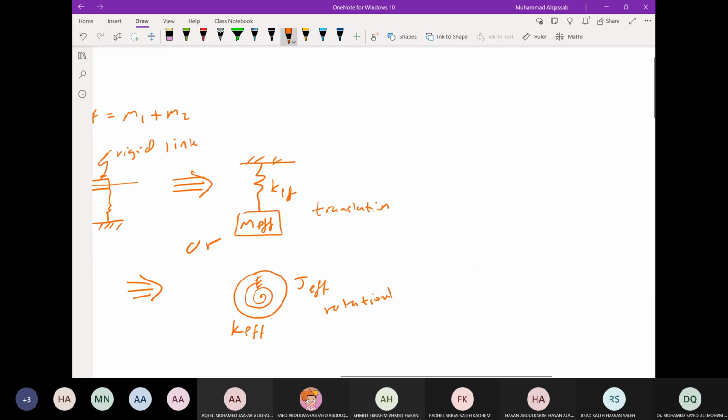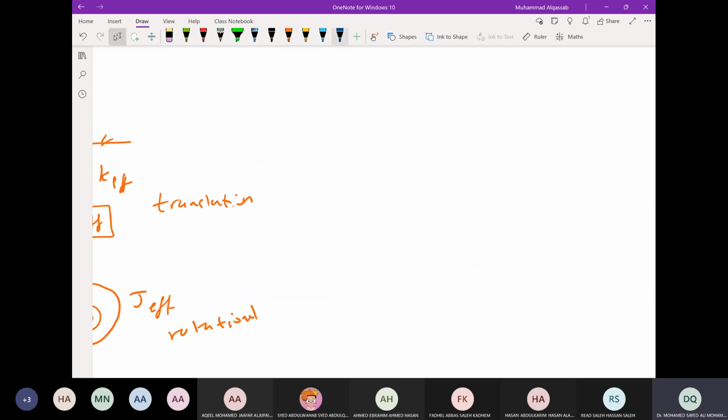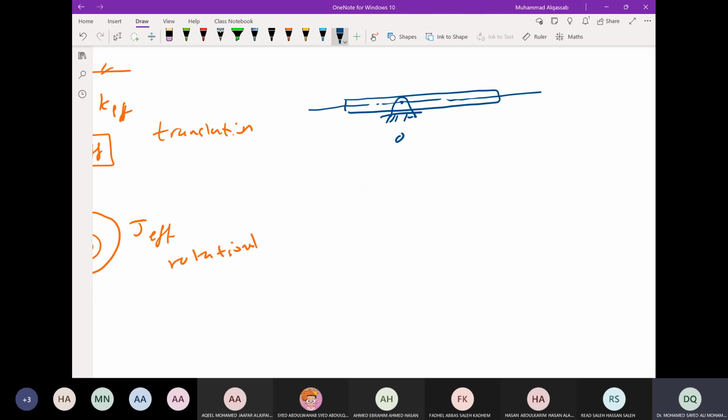That is, if you take the bar and rotate it, if this bar is in rotation about this point O, it means it will take a different position. Let me just draw it. This is the same thing, but it is rotating.